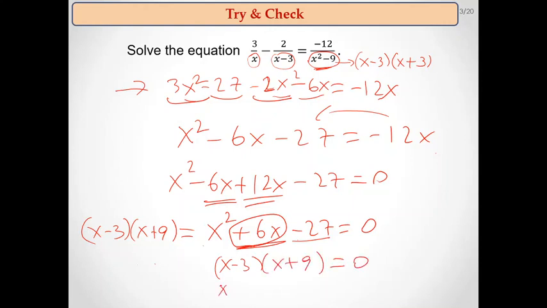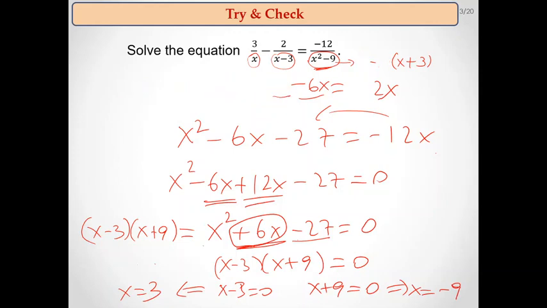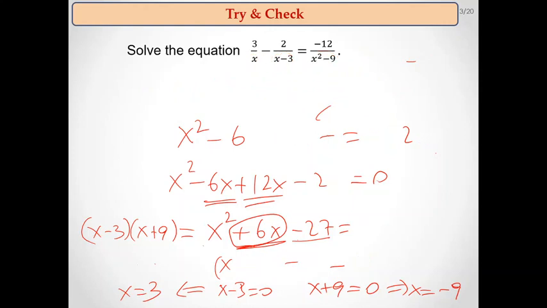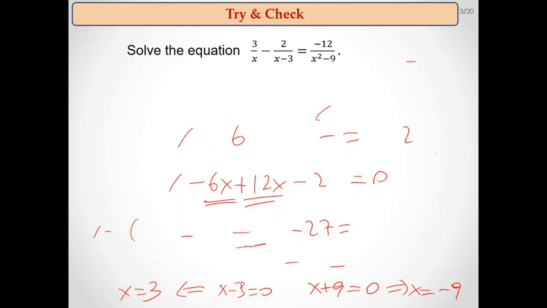So this is 0, or the other one is 0. And here it gives x equal to 3. And here it gives you x equal to negative 9. Okay, these are the solutions we got.